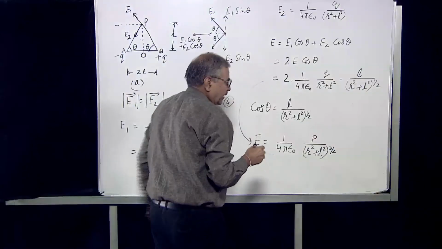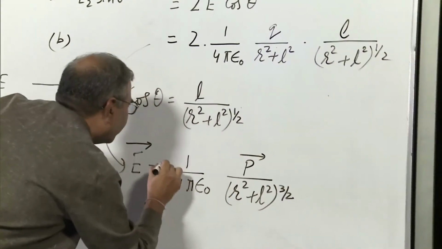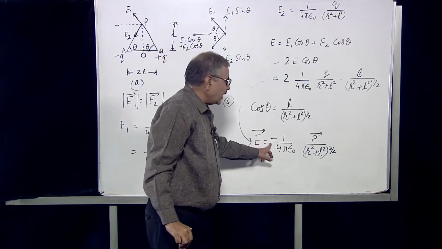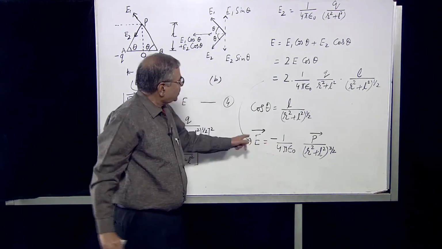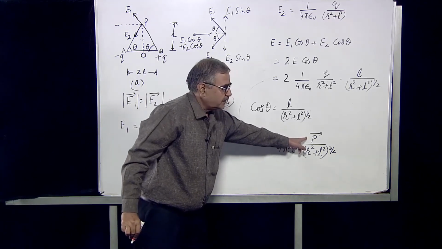So, how will we write it here? E is equal to, with a minus sign. Why has the minus sign been introduced here? Because E and p are directed along different directions.